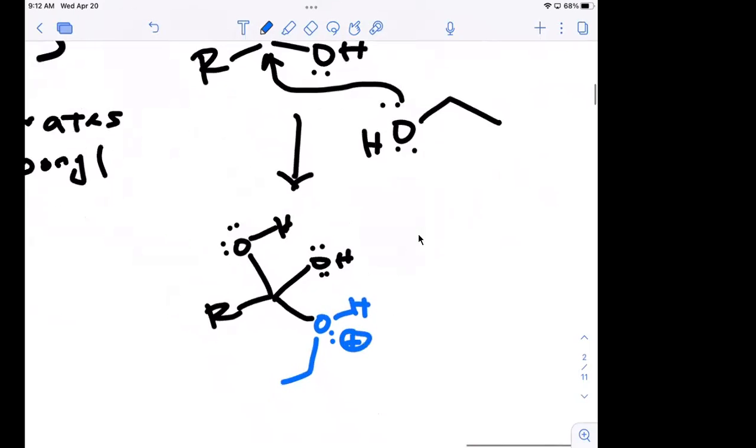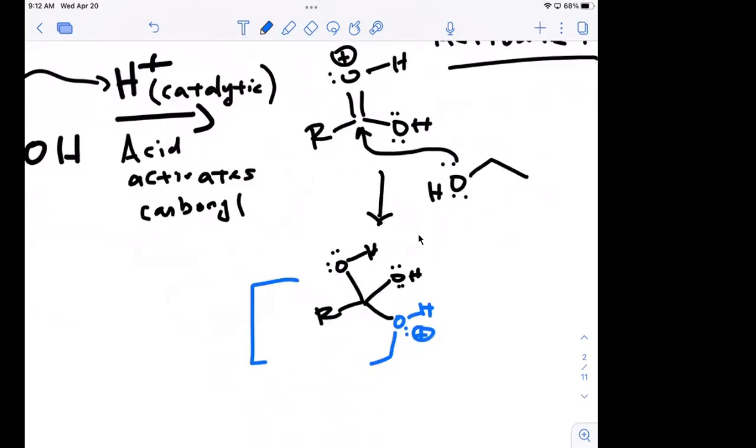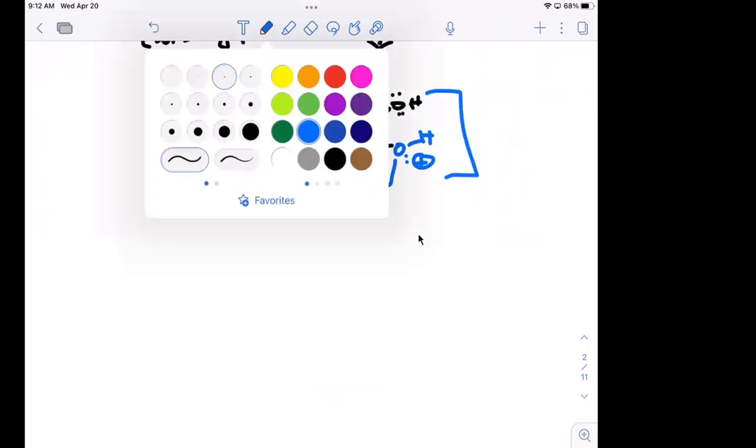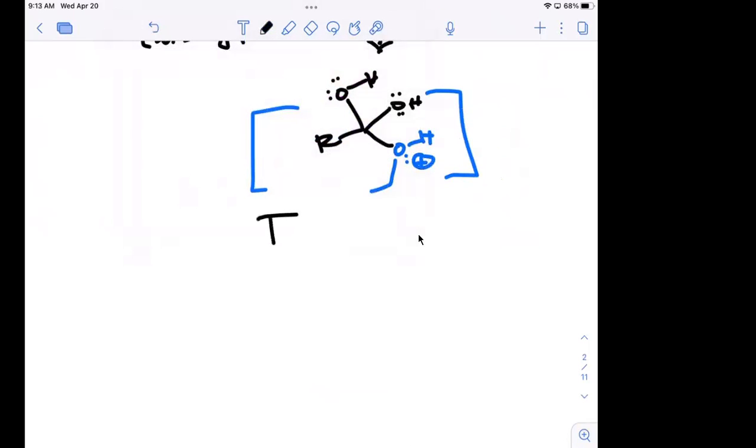That oxygen is positive. And so this intermediate is common to all carbonyl, not this particular intermediate, but this structure is common to all carbonyl additions. This is what we call, and we've seen this already when we did Grignard additions to carbonyls.